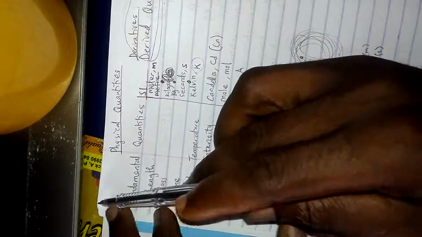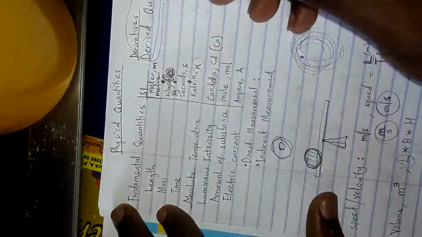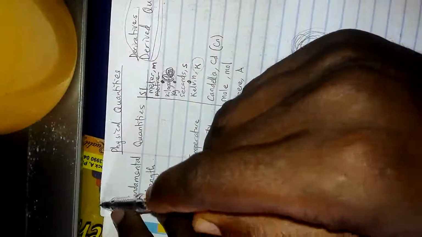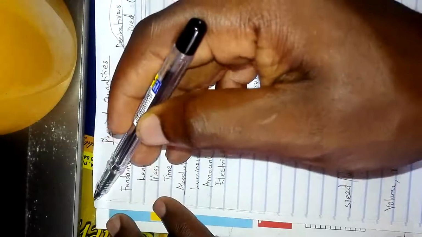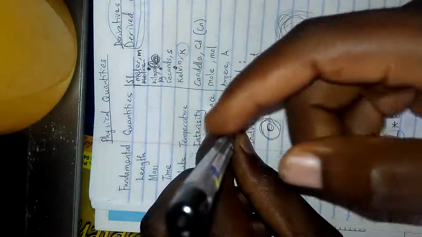It is broad with this dimension. But this breadth is actually a length. By breadth, I'm referring to the distance between this end and this end. By length also, I'm referring to the distance between this point and this point. By height, for instance, the height of this point is the distance between this point and this point. So it is also a length.